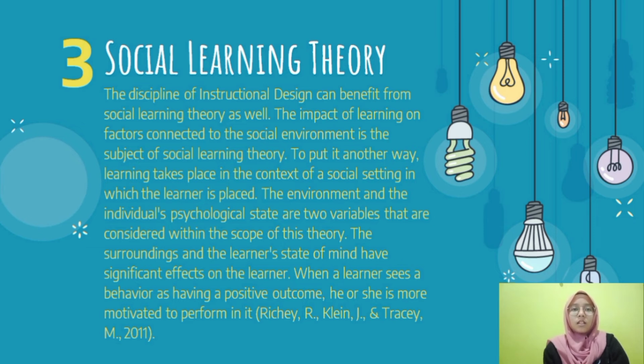The environment and the individual's psychological states are two variables that are considered within the scope of this theory. The surroundings and the learner's state of mind have significant effects on the learner.